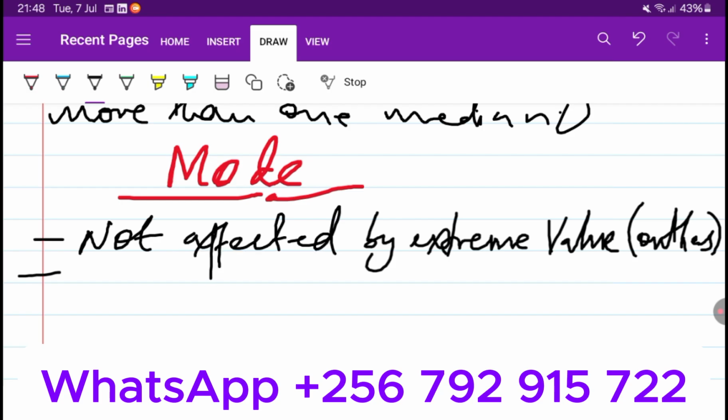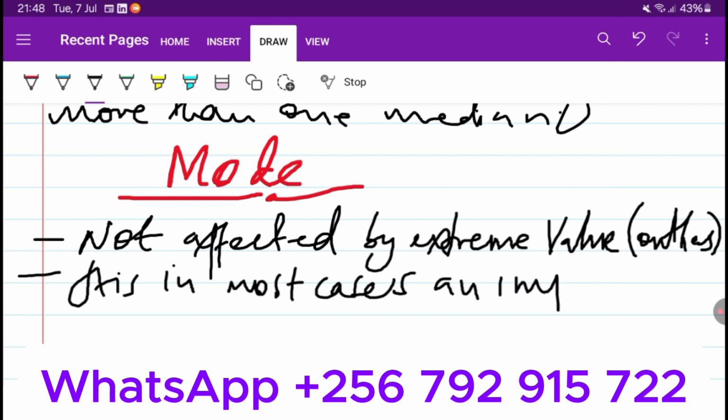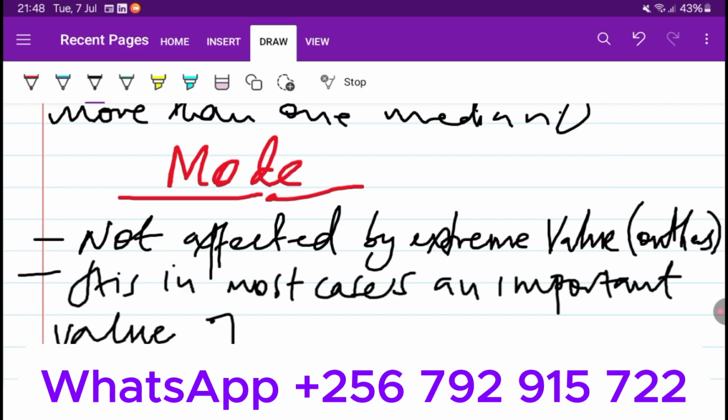Then the other thing, in most cases it is an important value of the distribution or of the variable.